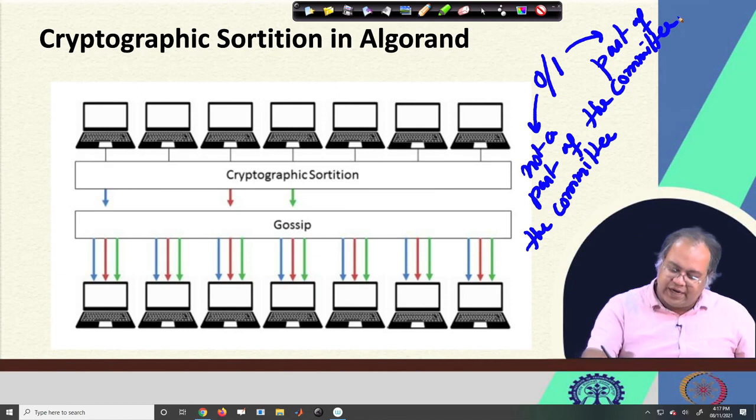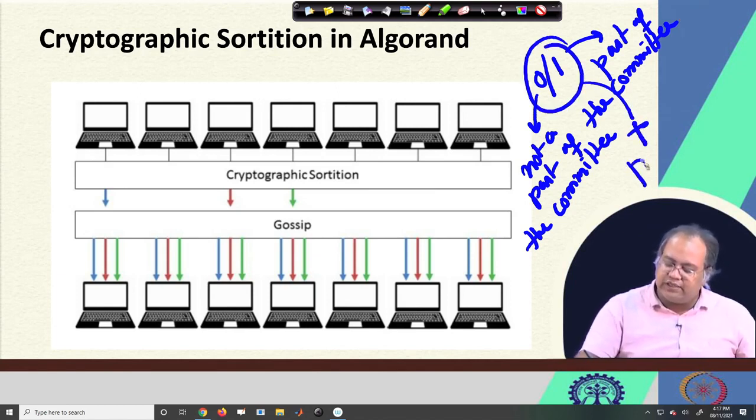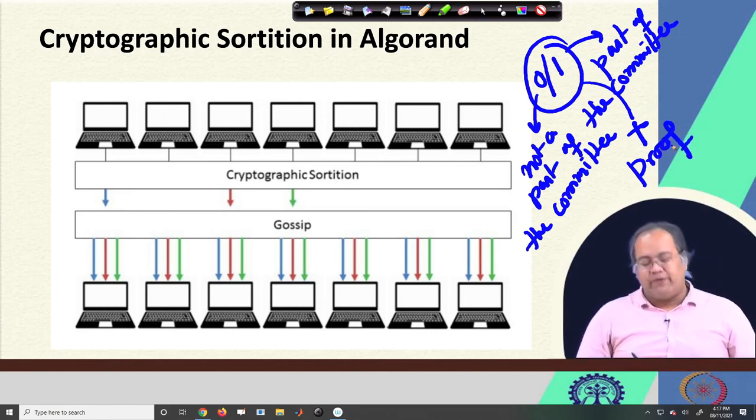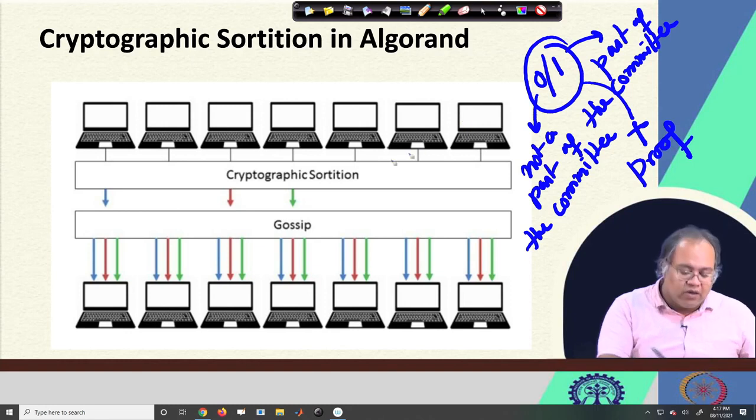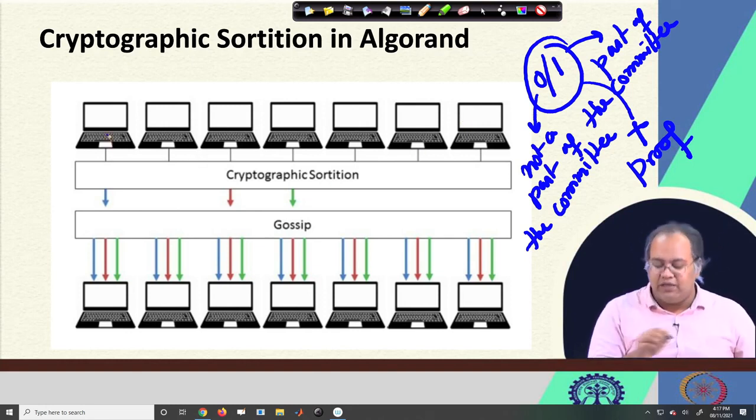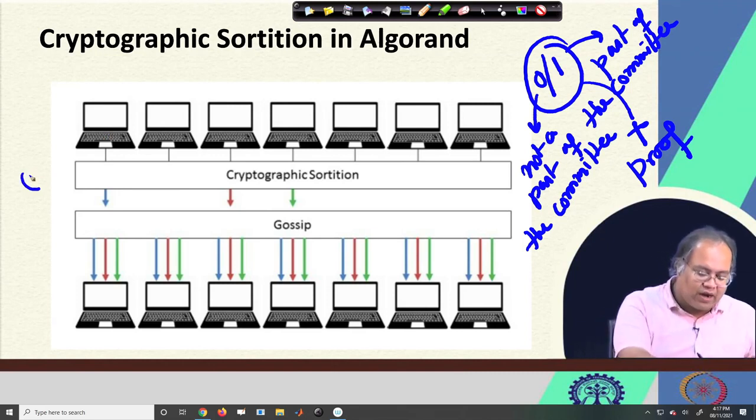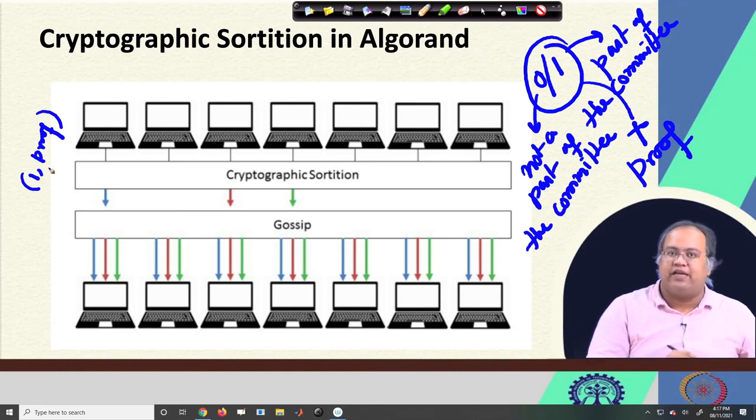Along with this 0 or 1, it also generates a proof that the 0 or 1 has been generated. So, whenever a member gets a 1 by running this cryptographic sortition, it generates 1, and the proof says that 1 has been generated.